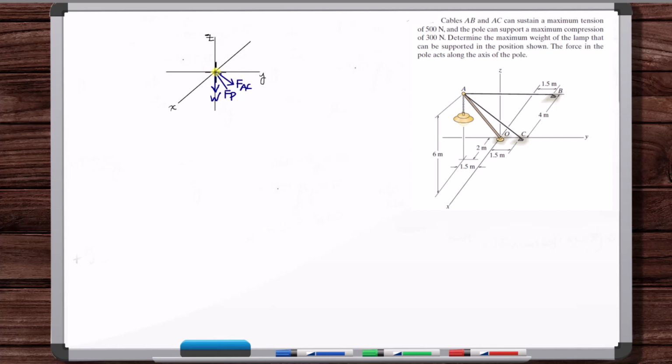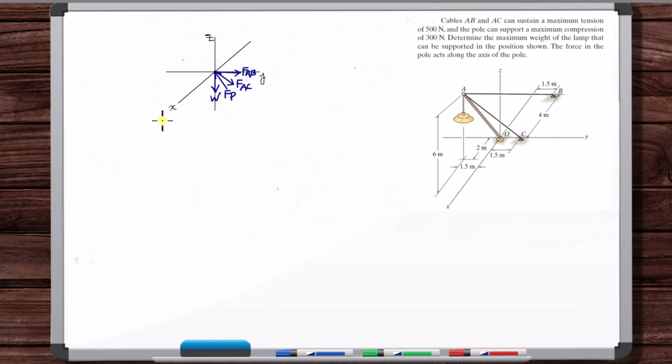Okay, and then FAB, it's in tension, so it's pulling. This is FAB. With free body diagrams, you usually want to put the dimensions, but we'll just reference this.